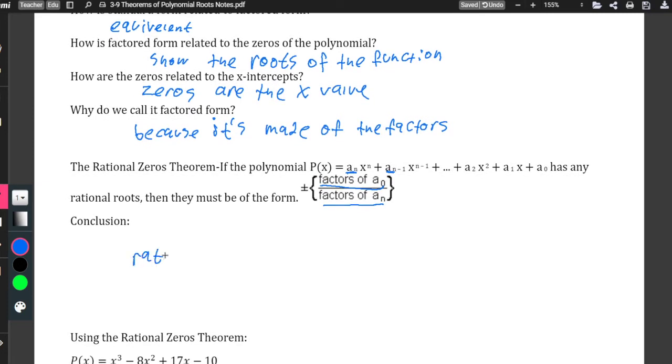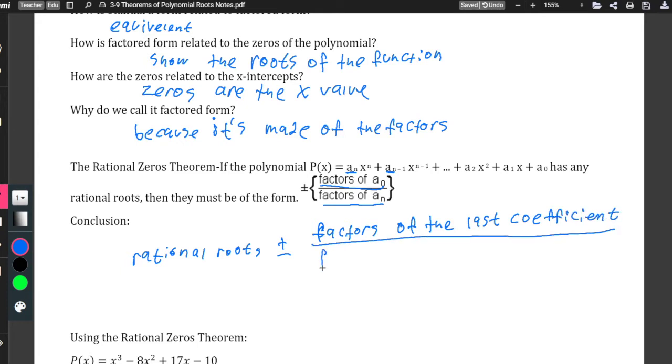So our rational roots are going to be in the form of plus or minus the factors of the last coefficient divided by the factors of the first coefficient.